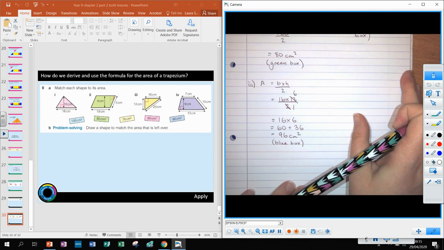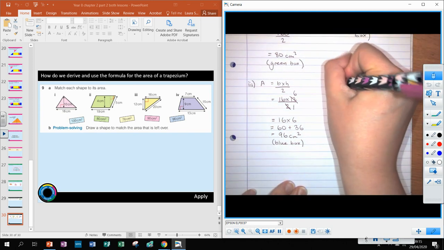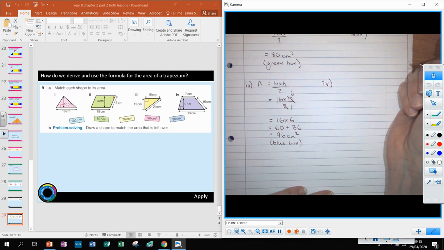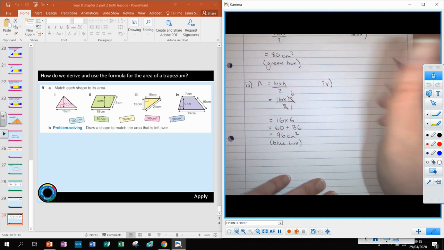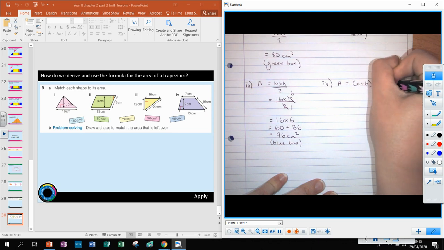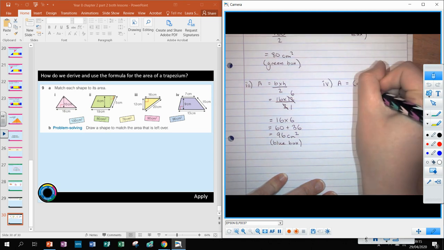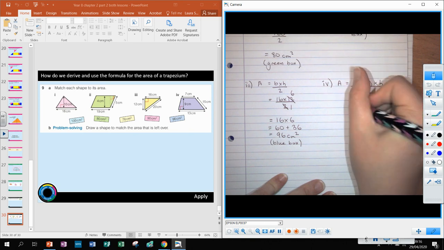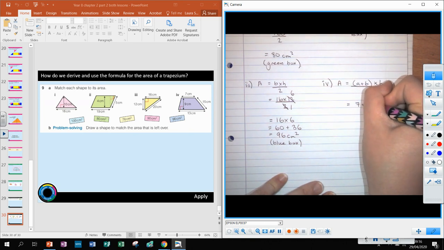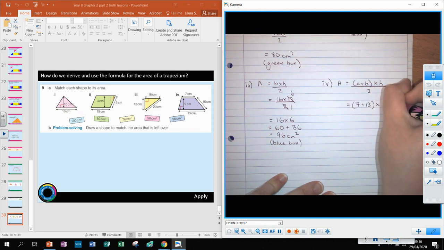Okay. And finally, for part 4, let's take a look. We have a trapezium. So we're using the 9 for the perpendicular height, so we don't care about the 15. And we're using the 7 and the 13 for A and B. So our area is A plus B times our height, all divided by 2, which will give us 7 plus 13 times the 9, all divided by 2.